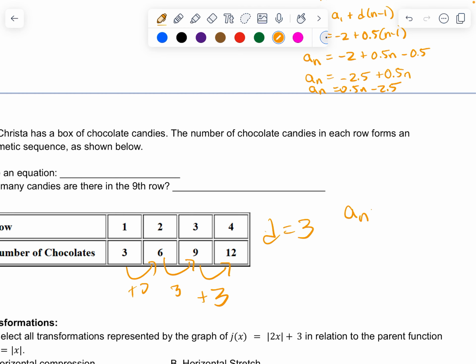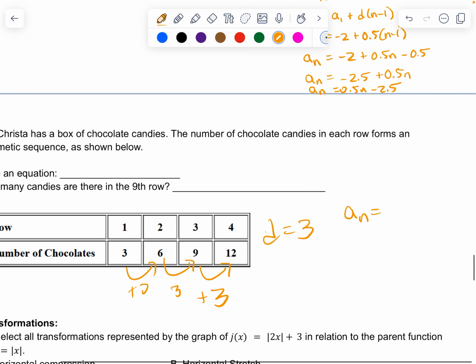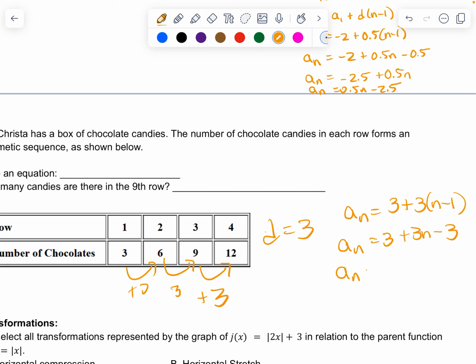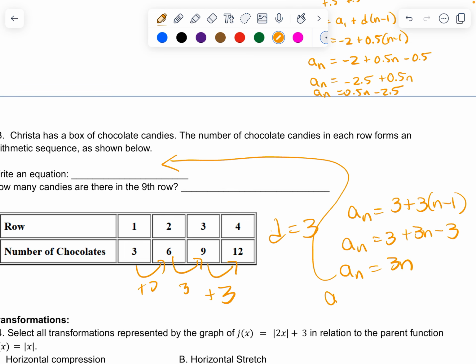So a sub n equals 3 plus 3 times n minus 1. So 3 plus 3n minus 3. So a sub n is 3n. So I take that and I want the 9th term. So I'm going to take 3 and multiply it by 9, which will get me 27.